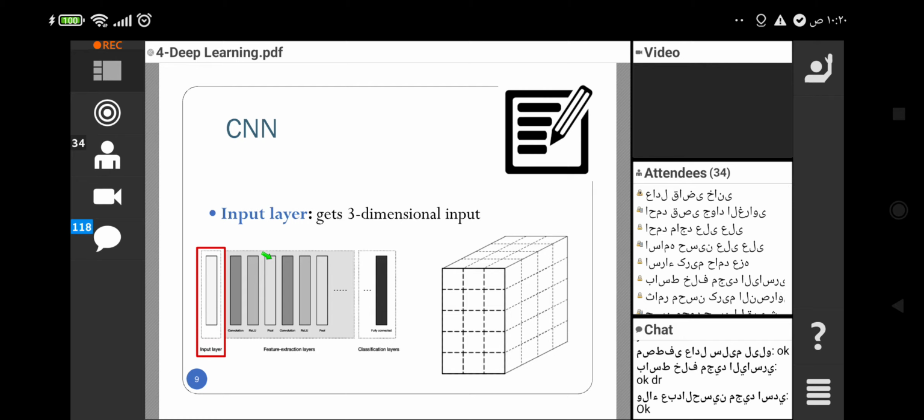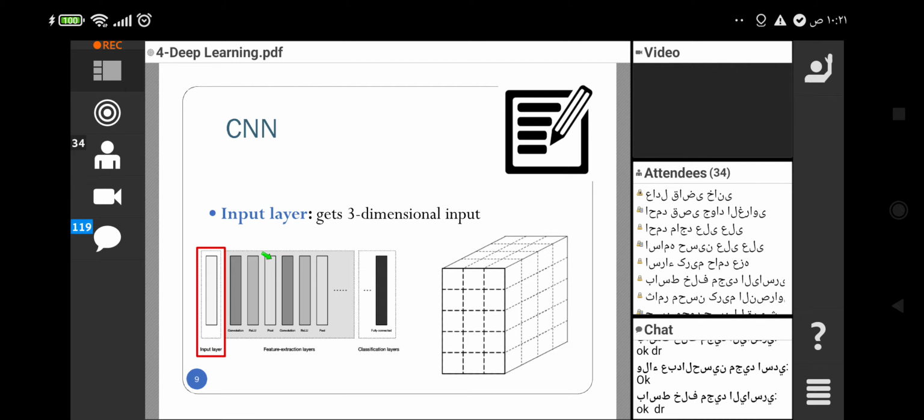So we have the convolution, the ReLU, and the pooling. Also the normalization. We have many different layers. These are the layers that are used frequently. The most important one is convolution.